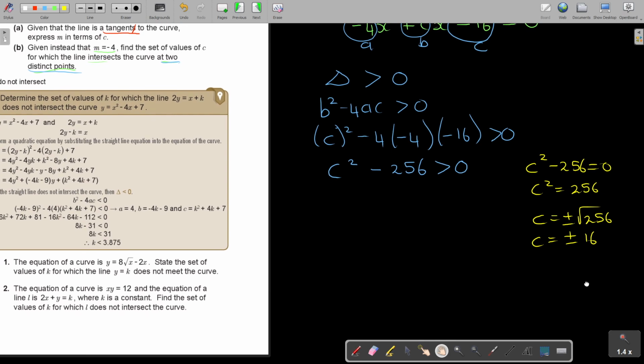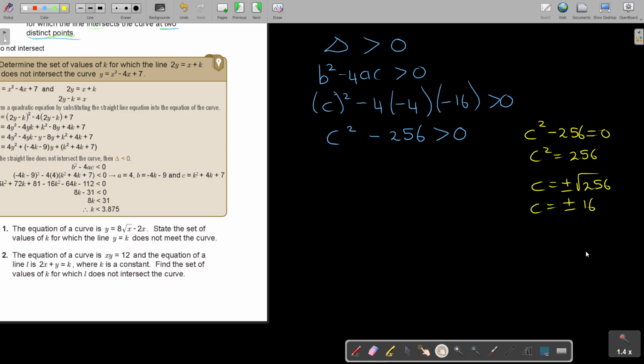Okay. And then in your sketch, this is going to be negative 16, positive 16. And then it's going to be still a positive parabola, do you see? So it's going to be something like that. And now due to the bigger than, I go for green, it's going to be this and this.